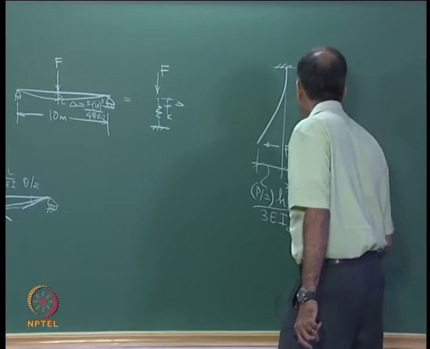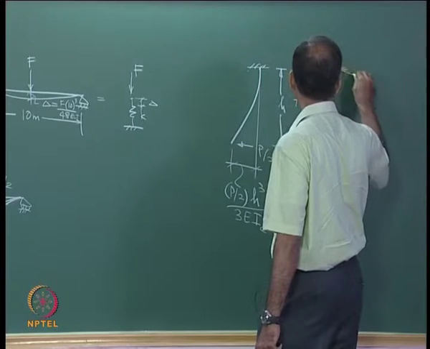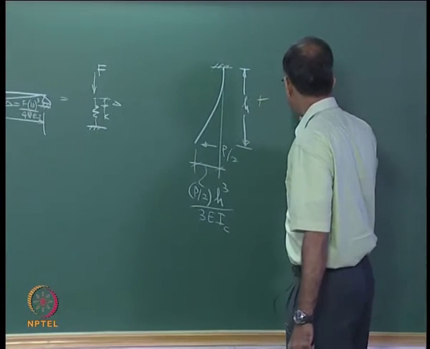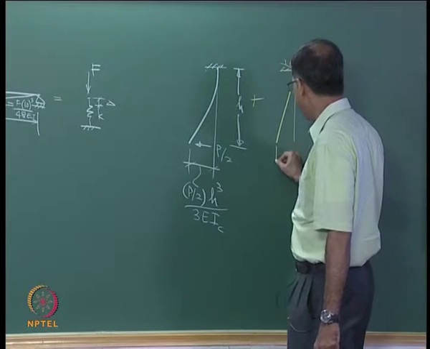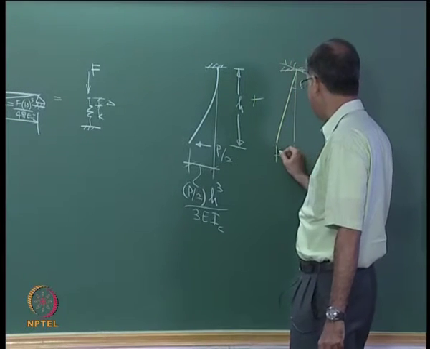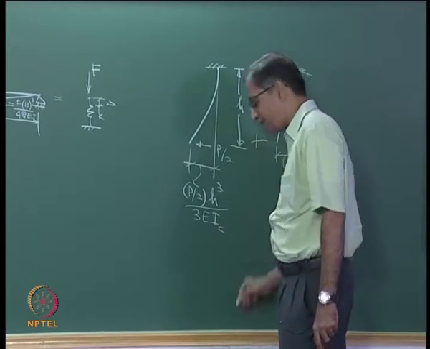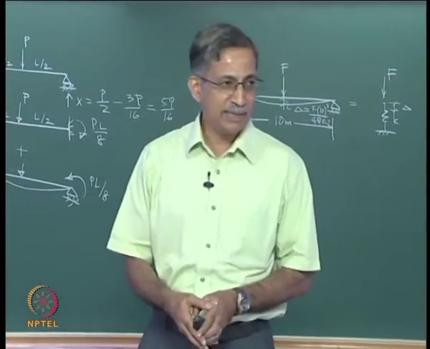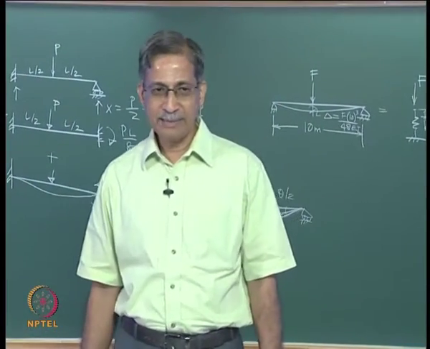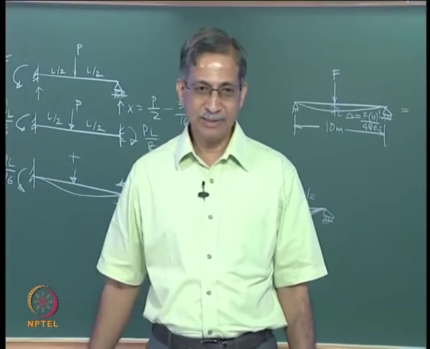So it is as though this rotated by an angle theta, and so you have an additional movement here which is theta into H. So that is a clever way of simplifying and breaking down and understanding, and you can do that, right. So you have a nice expression.